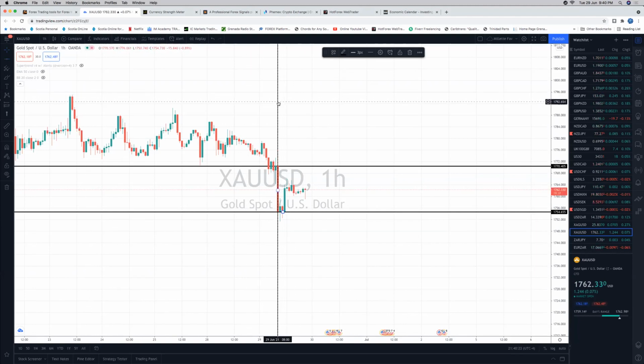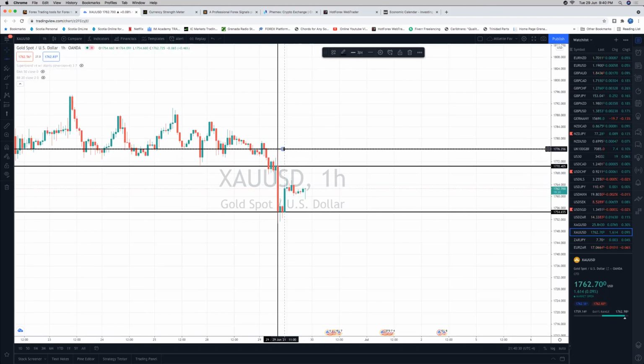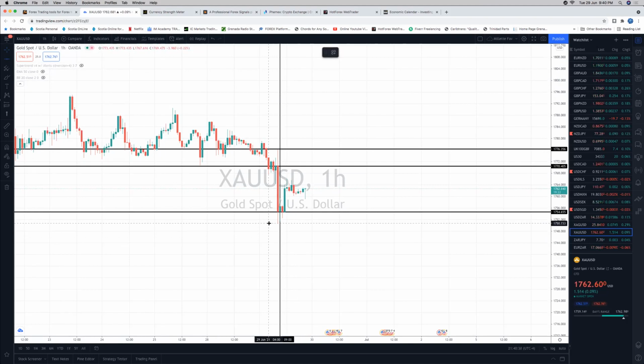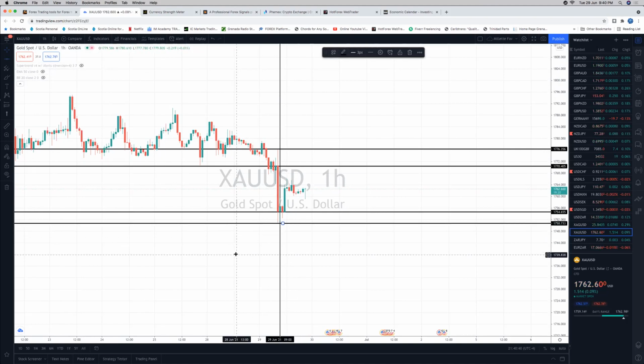Let me move that a little so I could see the top of it. This here is the high of the candle. And this one here is at the low of the candle. So the candle open here, the candle close here. This was the lowest point of the candle, and this is the highest point of the candle.